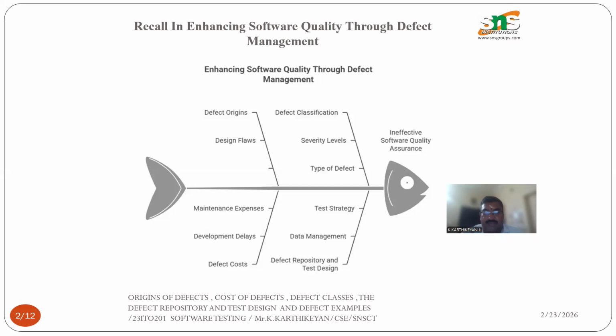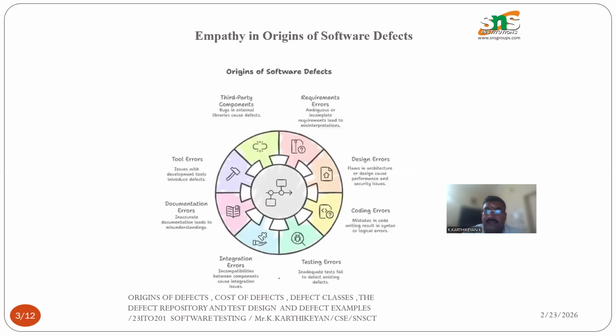So we go for the next one. This is the origin of software defects, starting from your requirement. We have already discussed that a waterfall model can be implemented here: requirement, design, coding, testing, integration and documentation, and finally the maintenance sector.